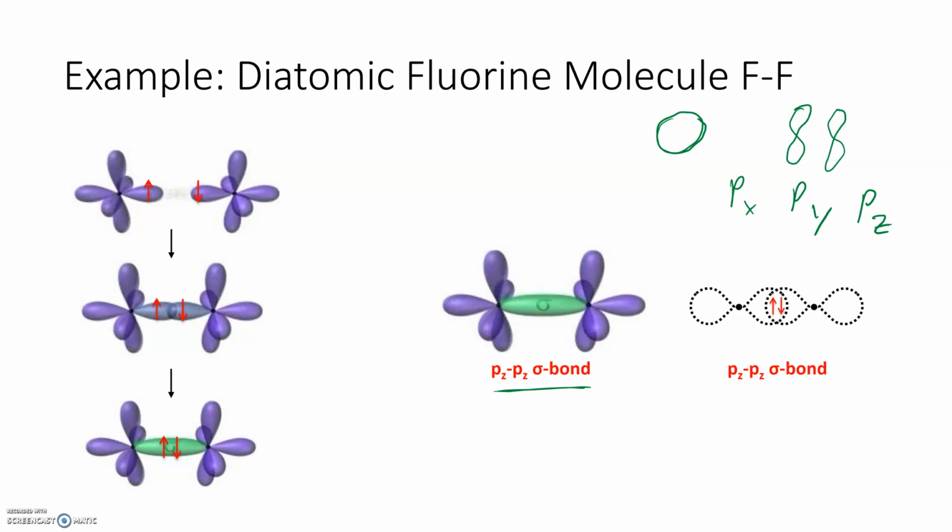So if we have electrons in the p orbital, which fluorine does based on its electron configuration, then the p orbitals will overlap in order to form the new bonding orbital.